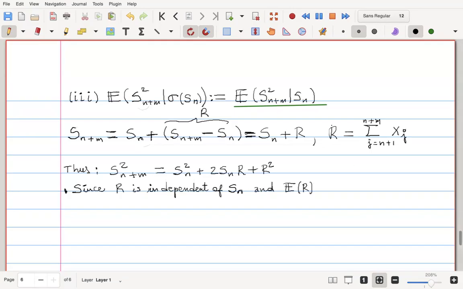We know that by linearity, if we compute the expectation of r, it will be the sum of the expectation of xj, and we know that the expectation of xj is 0 for any j, so this is 0.